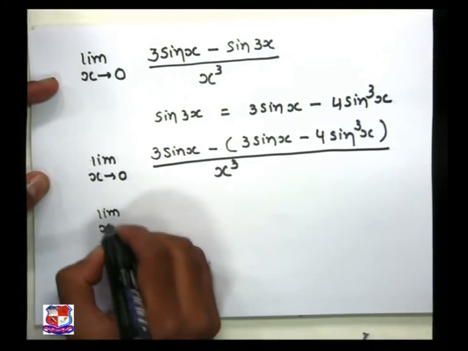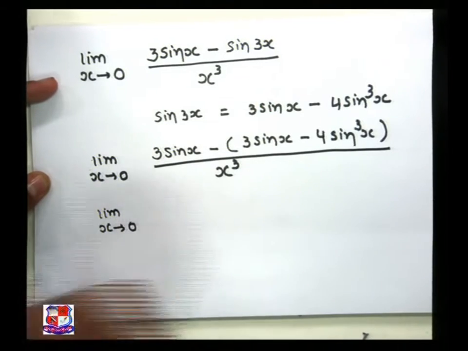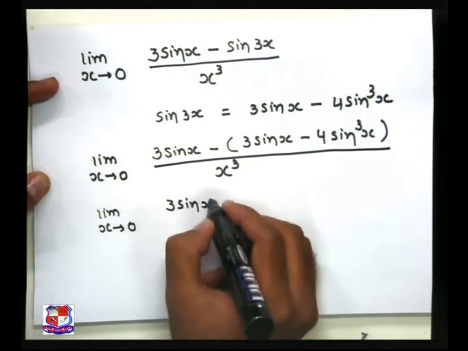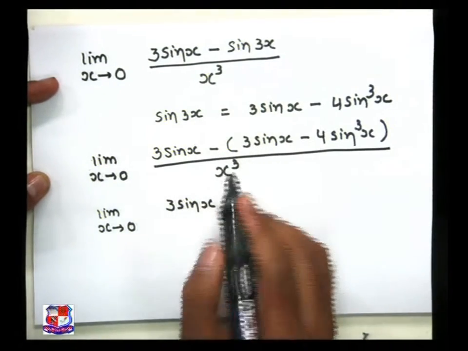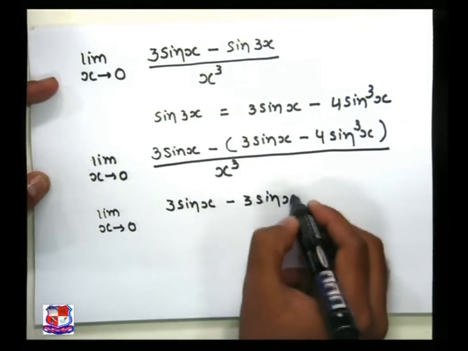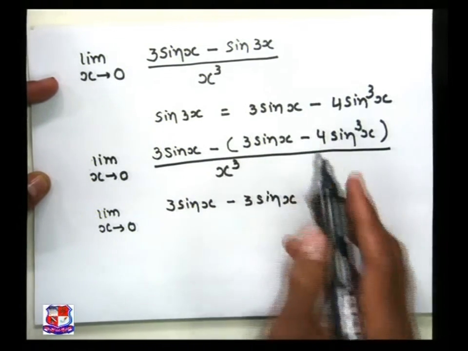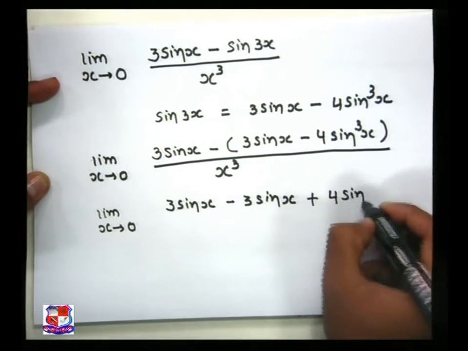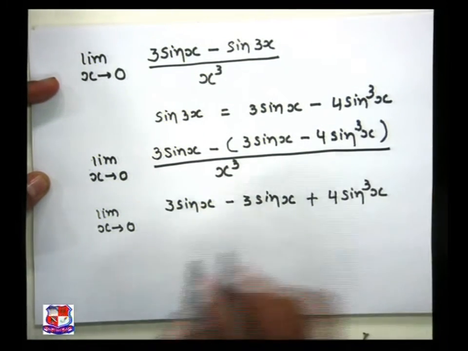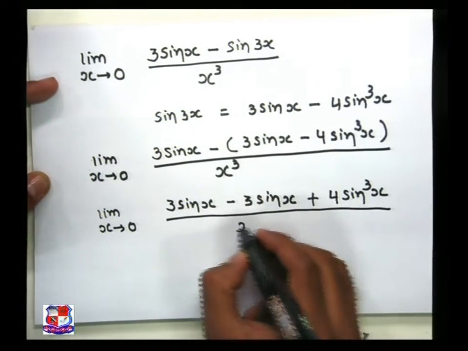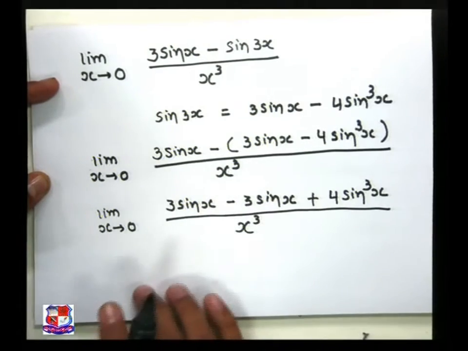Now the next step is to apply the minus sign to the whole bracket. That is limit x tends to 0, here 3 sin x, this minus sign applied to 3 sin x becomes minus 3 sin x, and applied to the second term it becomes plus 4 sin cube x, divided by x cube.